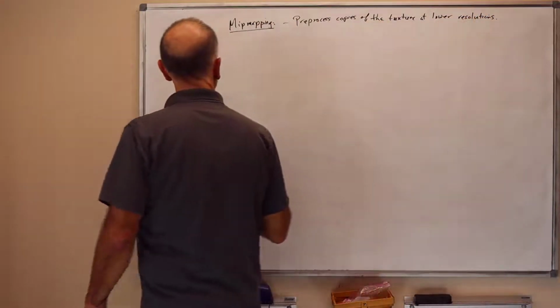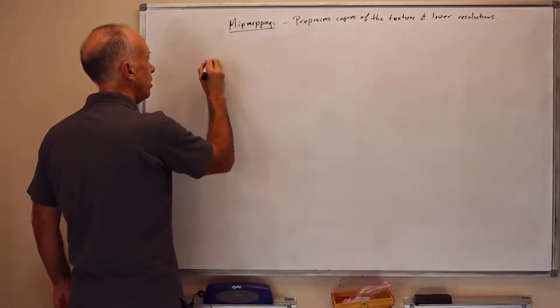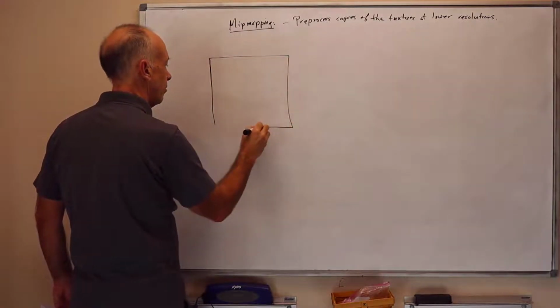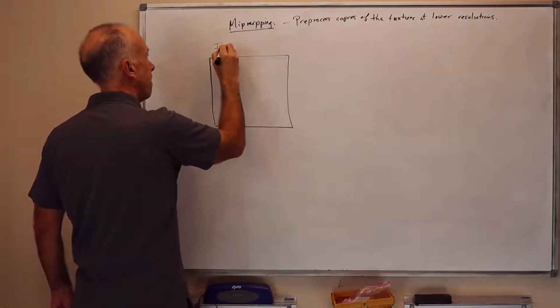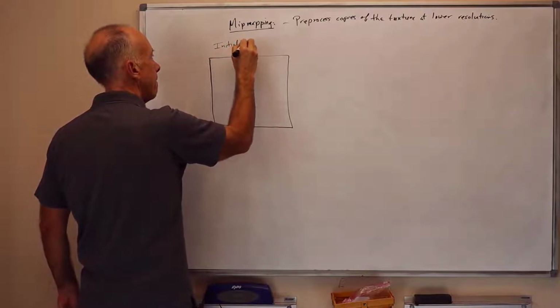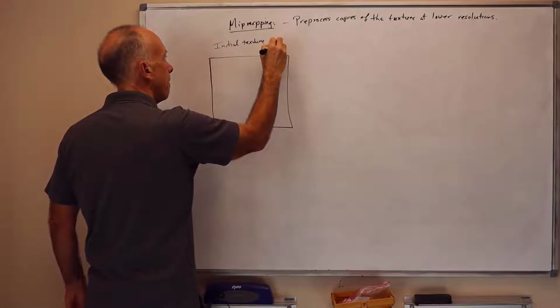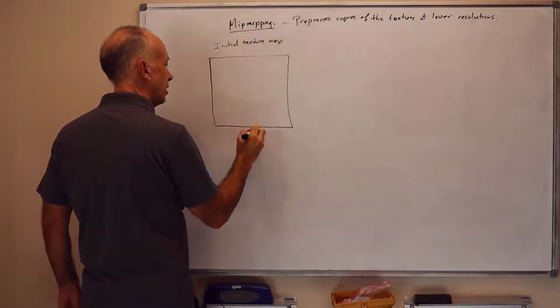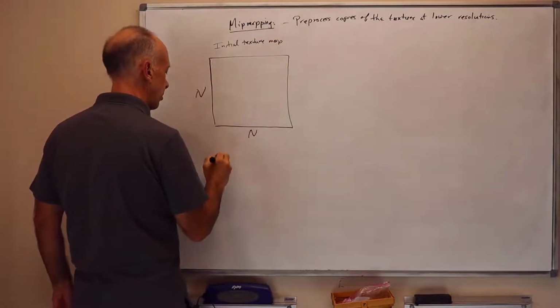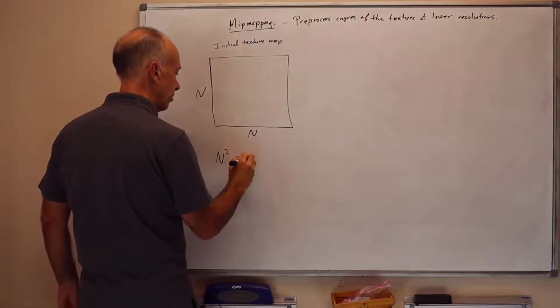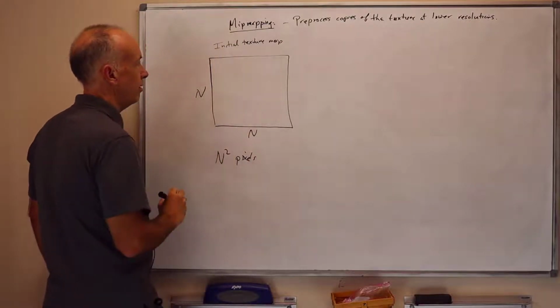So the basic idea is the following. You start off with the initial texture map. And let's assume it's n pixels by n pixels. So it's n squared many pixels altogether.